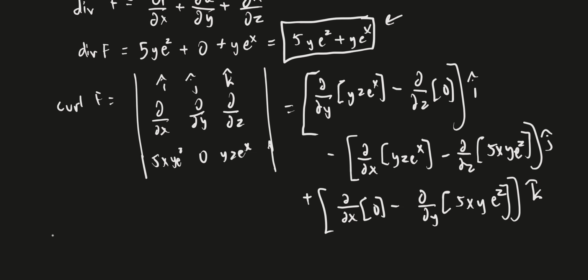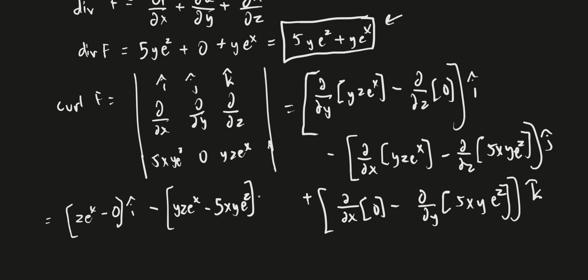Okay, now let's just find what this evaluates to. So this is z e to the x minus 0, so it's just z e to the x, i, minus y z e to the x minus 5xy e to the z. That's right.